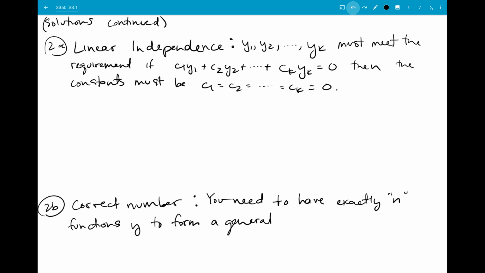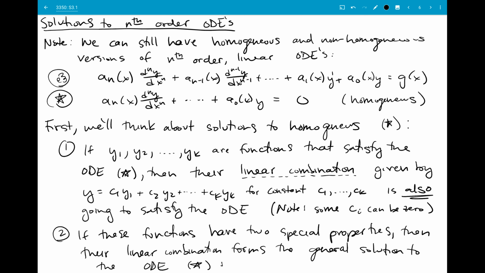Not collusion, solution. So that thing that I called k before, you have to have n of them. Or just you have y1, y2, down through y sub n minus 1, y sub n. So that property is just as easy as counting. And these are the two special properties that we need to have in order to form a general solution.